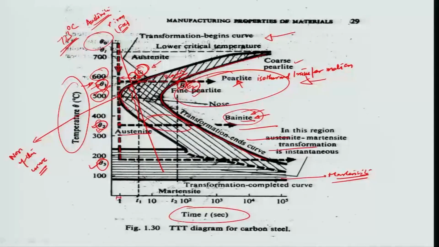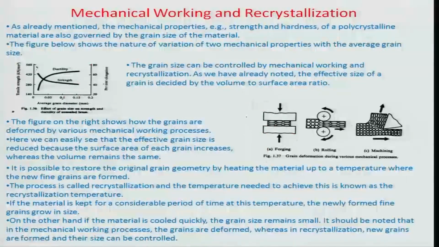The other issue that I would like to discuss is the mechanical working and recrystallization, and as mentioned here, the mechanical properties, for example strength and hardness, of a polycrystalline material are governed by the grain size of the material. Okay. You had earlier looked into the dislocation theory, where we assume that if there is a jamming of dislocations across the grain boundaries while traveling, there is going to be an increase in strain hardening.